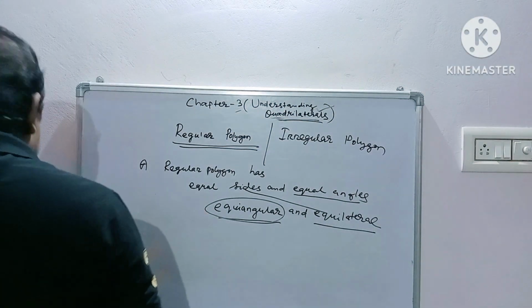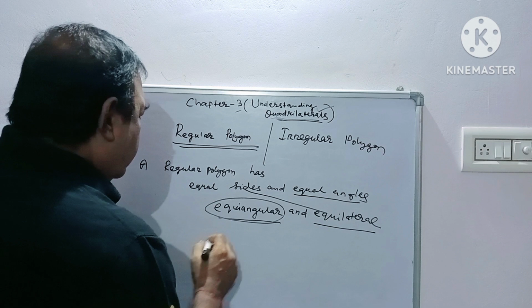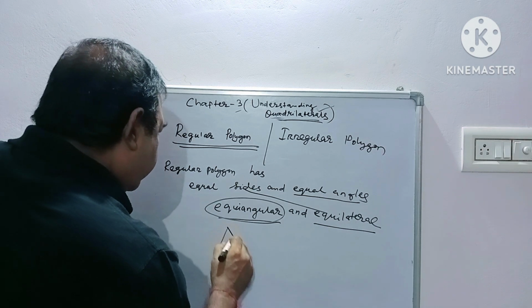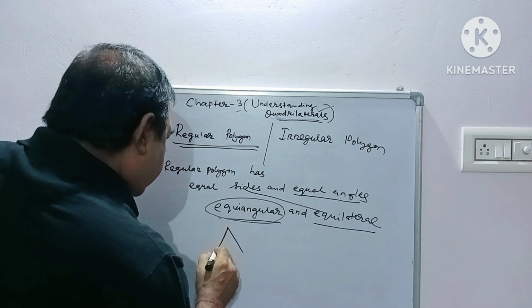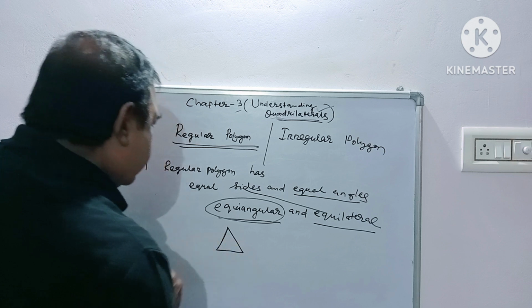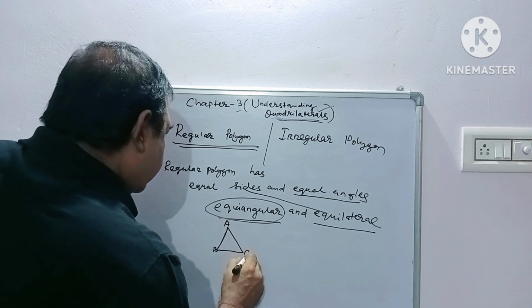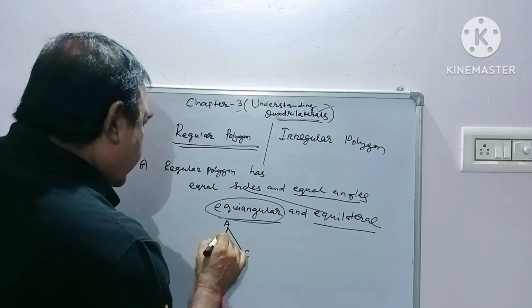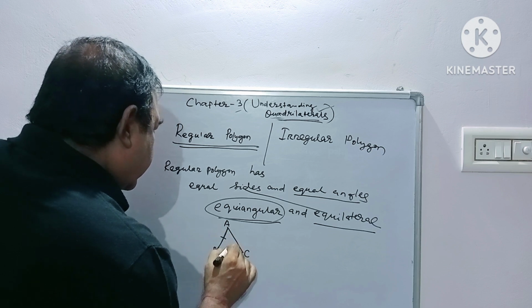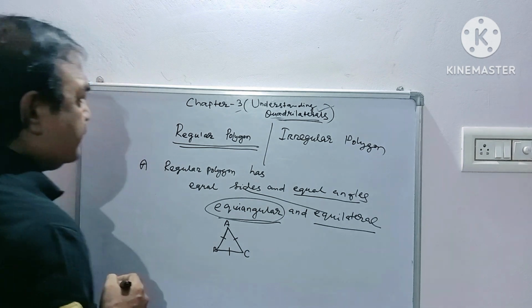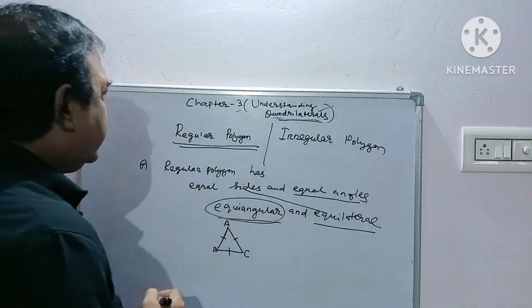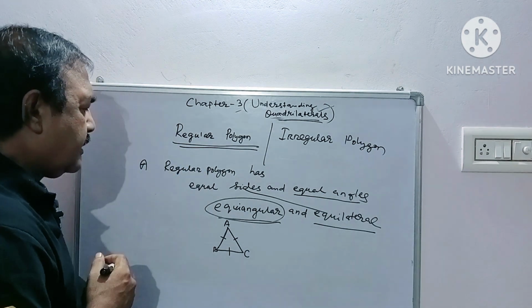So we may see now, the length of AB is equal to the length of BC is equal to the length of AC. And you see it is a regular polygon.